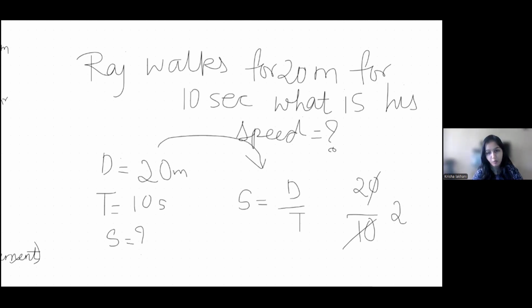So here, what is the unit for this? What is given here? Meter. Right here, meter. Here, what is the unit that is given? Seconds. So what will be the unit of speed? It will be meter upon seconds. Whatever is given here, draw the line, and write it the same way. This is what you have to do to find the unit. It is that simple.